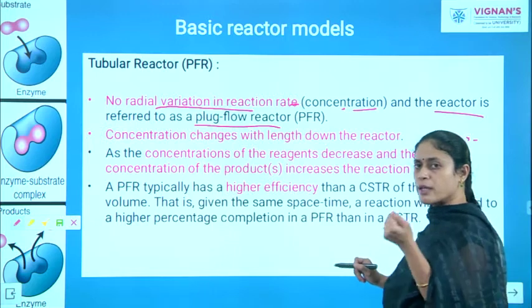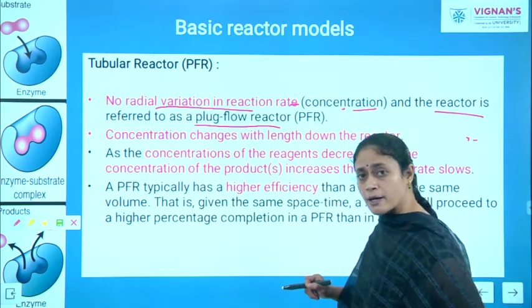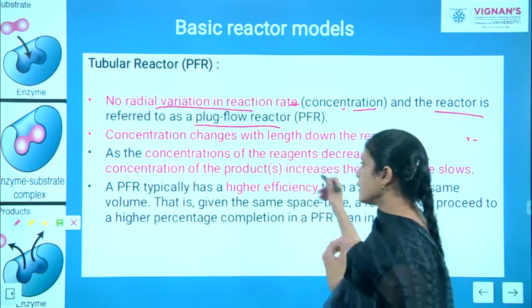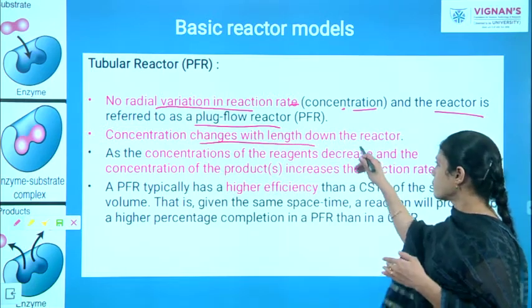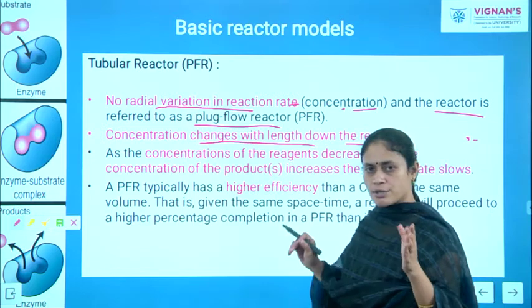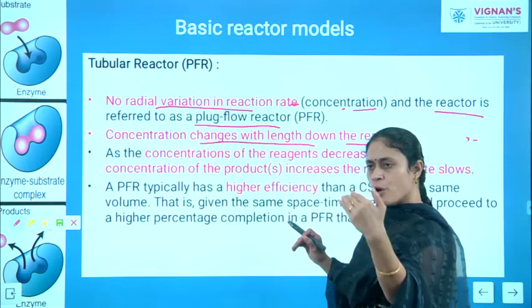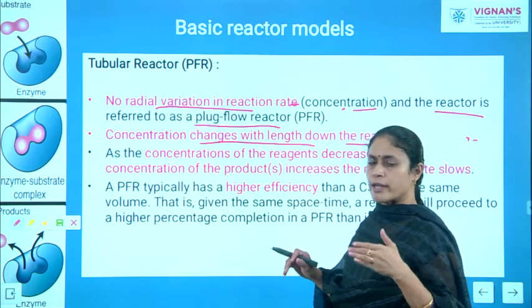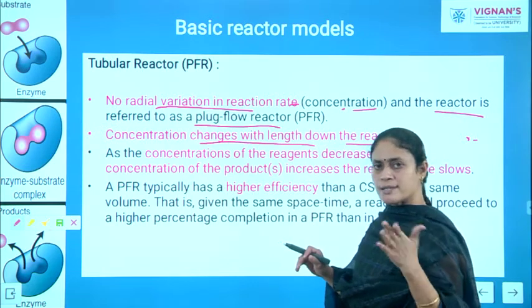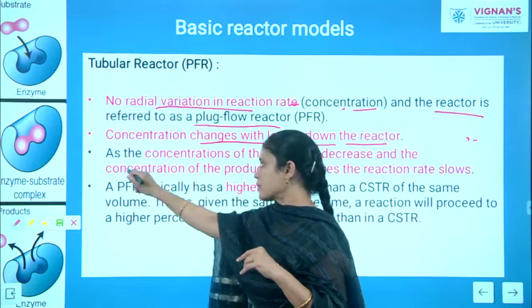As I told you, this tubular reactor is also called a plug flow reactor. The concentration changes with length down the reactor. There will be certain concentration changes as you move from the starting point to the end point of your plug flow reactor.